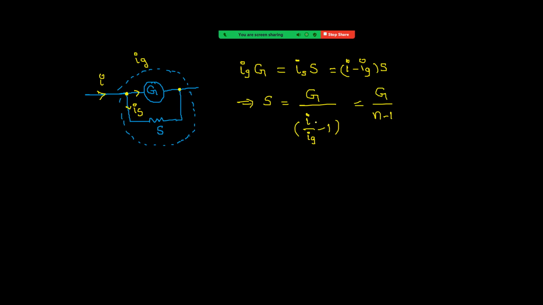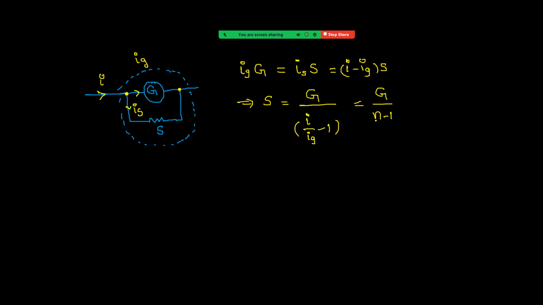So here N stands for this: before connecting the shunt, it was able to measure only the Ig value, the maximum current. After connecting the shunt resistance, we can measure a maximum value of I. Ig divides into this, the remaining is Is, and the total value is now I. So this entire device can measure a maximum of I. Therefore, I by Ig gives how many times its maximum capacity has increased.